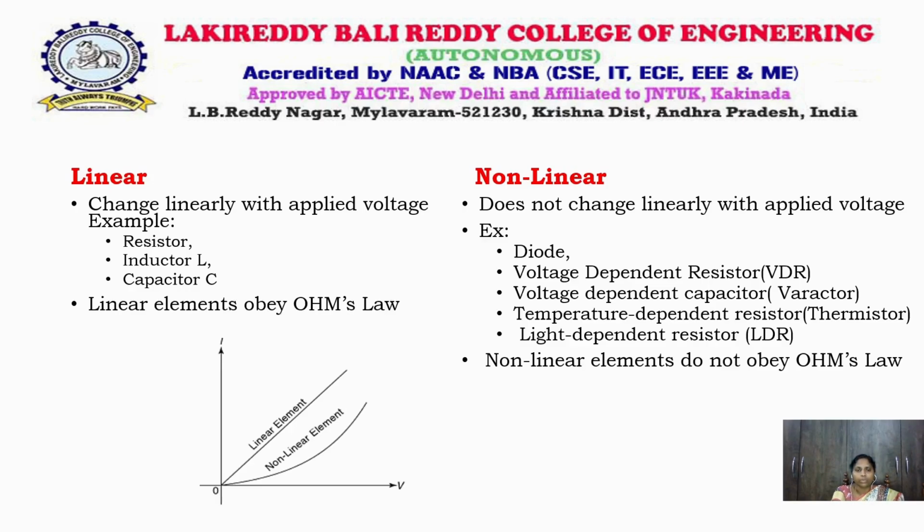Now in this video we will go through the nature of these elements and how they can be discriminated from one another. Types of elements can be either linear or non-linear.